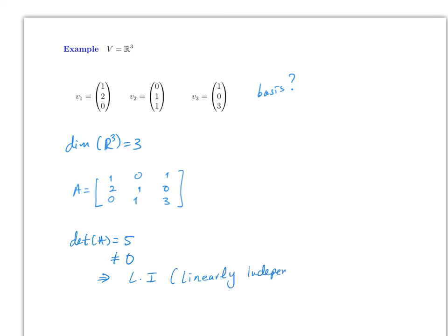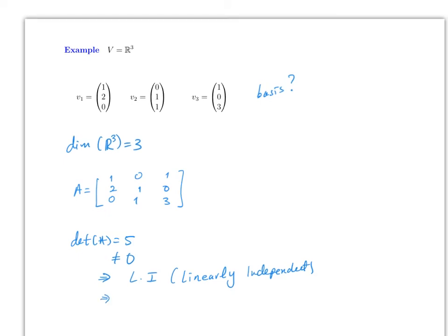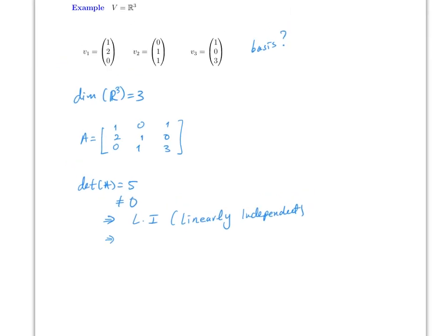Therefore, since the number of linearly independent vectors, which in this case is 3, matches the dimension, which is also 3, that implies that the three vectors b1, b2, and b3 form a basis for R3. And that's it.